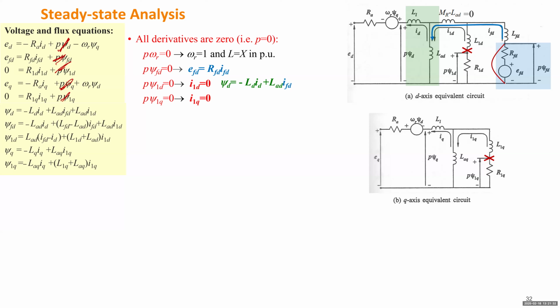This current will be 0, and also this is 0, this is 0, this is 0, this is 0. So we cross off all the terms which carry the damper winding currents in either the D or Q axis. That makes the flux linkage equations for the stator flux in the D axis and Q axis much simpler.